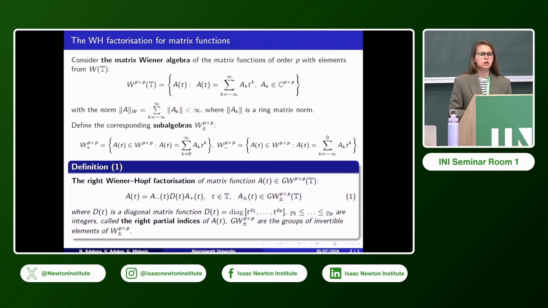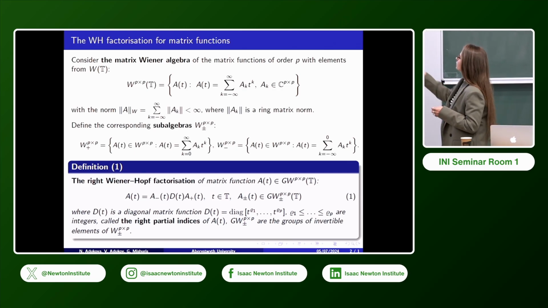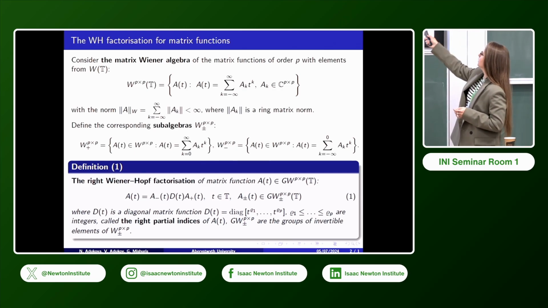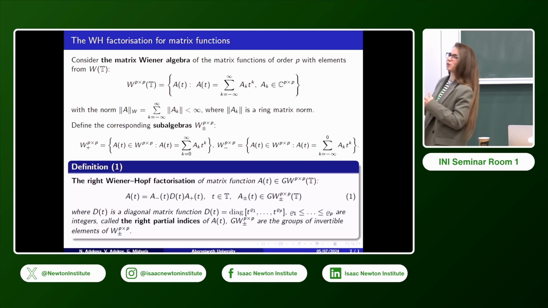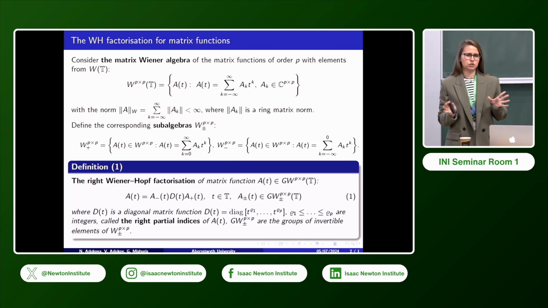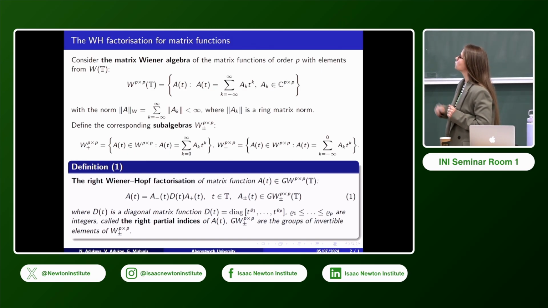Firstly, we have to consider the Wiener algebra W. Here we have the definition for the matrix Wiener algebra, since I don't have enough space on the slide, but the definition is similar. So we start with the Wiener algebra.